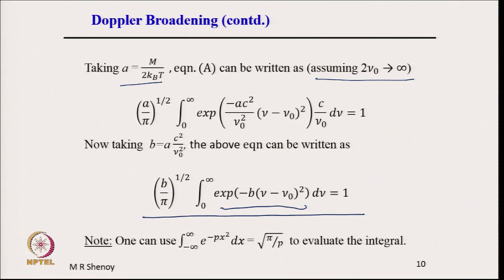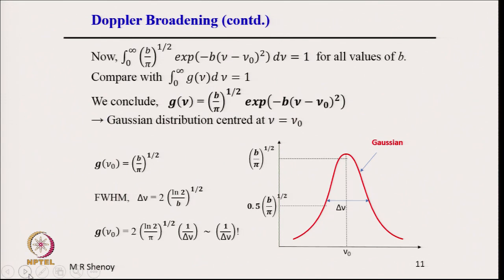But we are not interested in integrating right now. So, let us see what is the logic that we want to give. We have the expression here, 0 to infinity square root of b by pi exponential minus b into this is equal to 1 for all values of b.